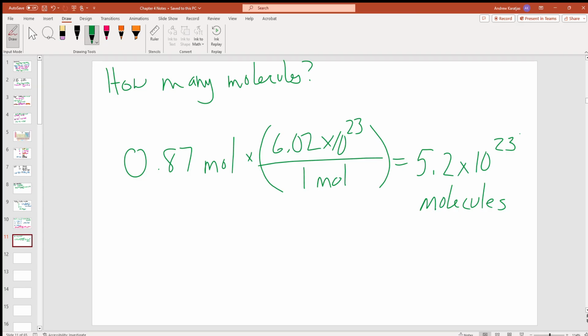But if we had to think about it in molecules all the time, now we're talking about 5.2 times 10 to the 23rd, and that's not such an easy number to work with. So as we continue to work through this chapter, we'll continue to get more practice with converting from moles to grams and back and forth, and then we'll start to use that in some more complex situations.